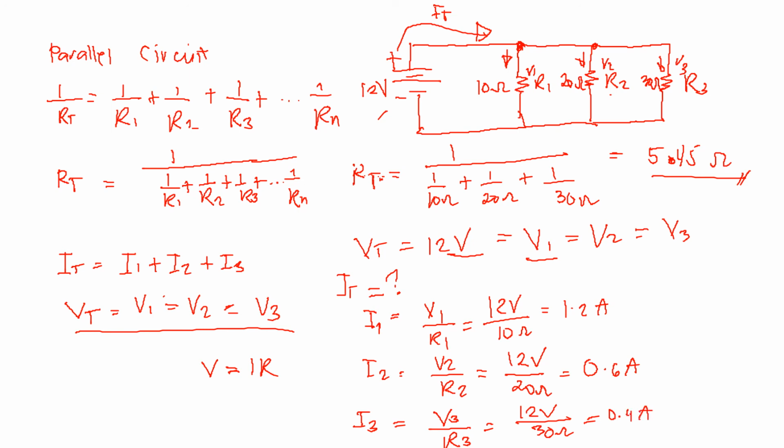Therefore, our IT is 2.2 amperes. So that is the value of our total current on this circuit.